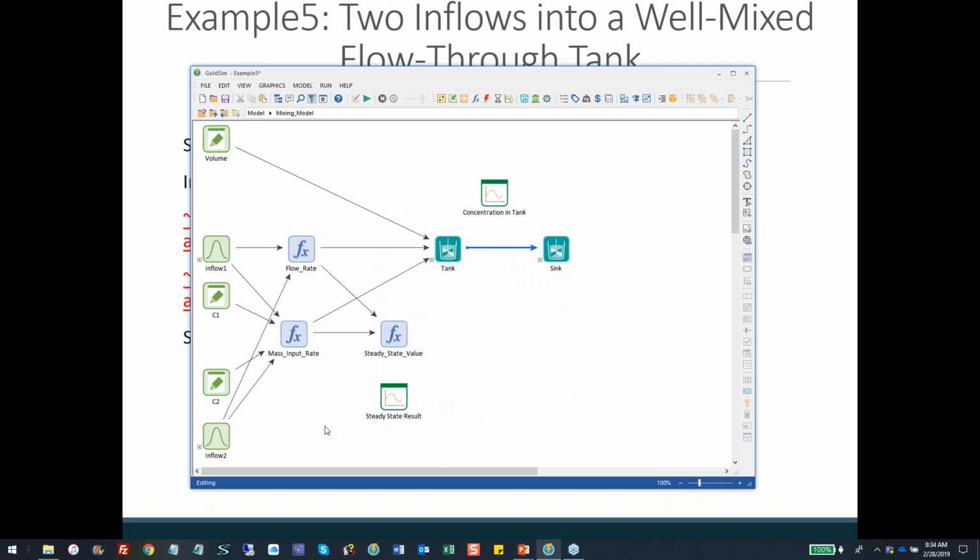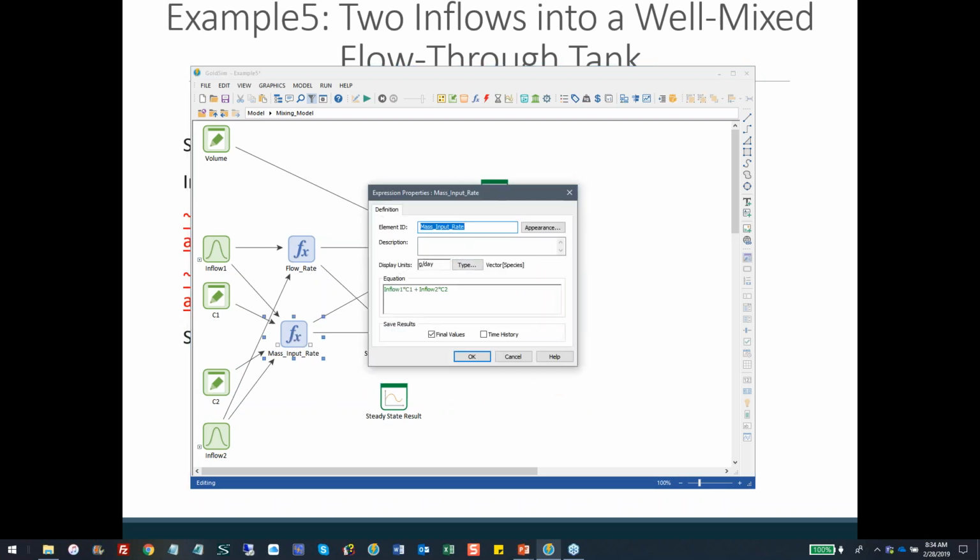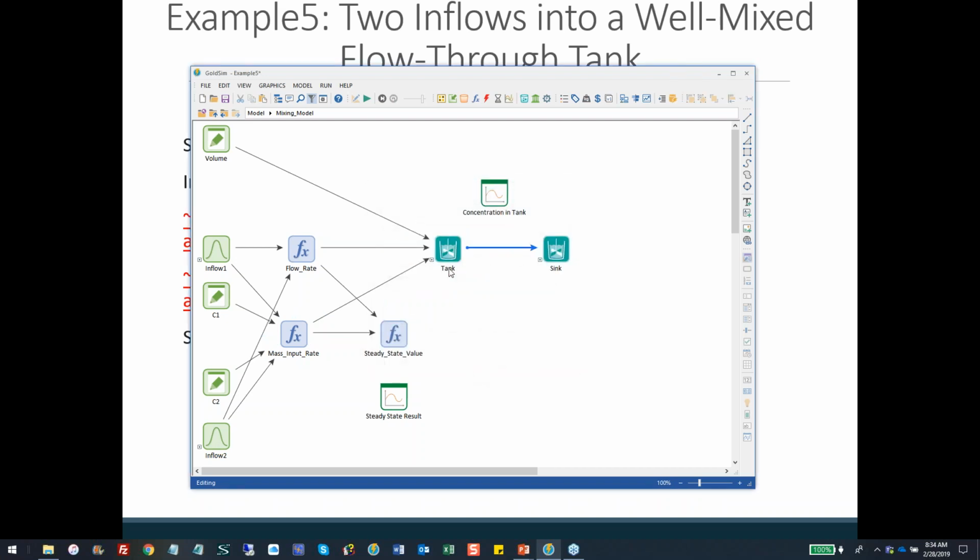By the way, that means my mass input rate is also a vector. So that's a scalar, that's a vector. A vector times a scalar times a vector produces a vector. So this is actually a vector of species, my mass input rate.